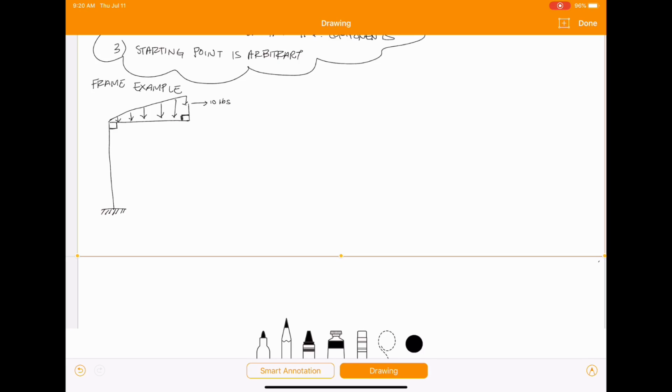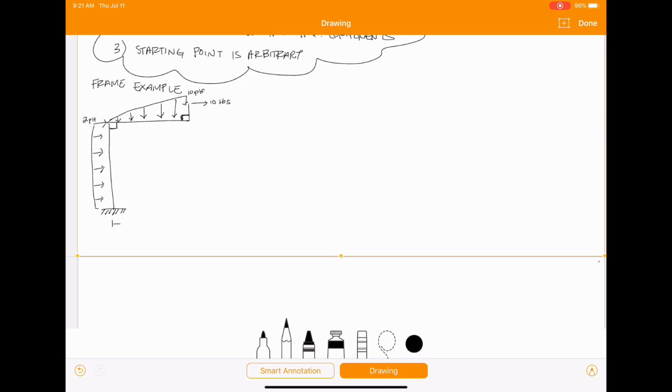And let's stick a uniform distributed load on this bottom section. We're just going to keep this as 2 PLF, and up here we'll have 10 PLF.